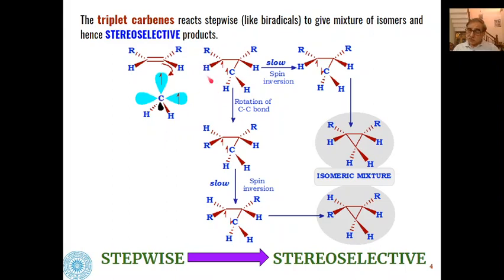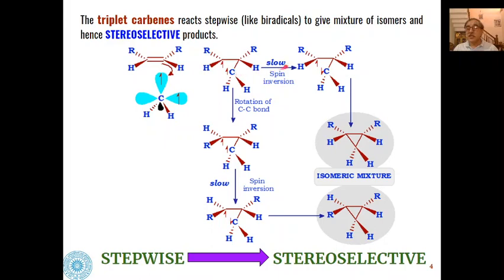So we will get first this type of transition state where both these electrons have the parallel spin, and because they have parallel spin, they cannot form a carbon-carbon bond until one of them becomes anti-parallel in nature. So there are two ways of making these electrons anti-parallel.